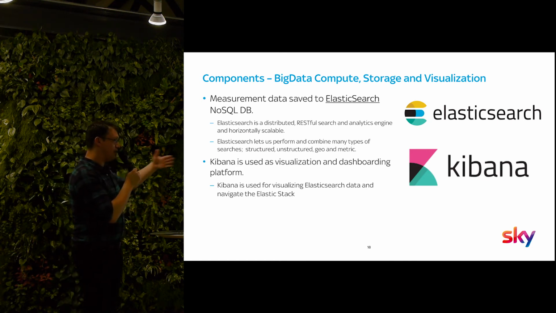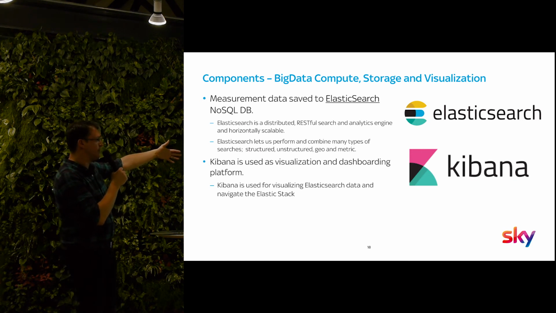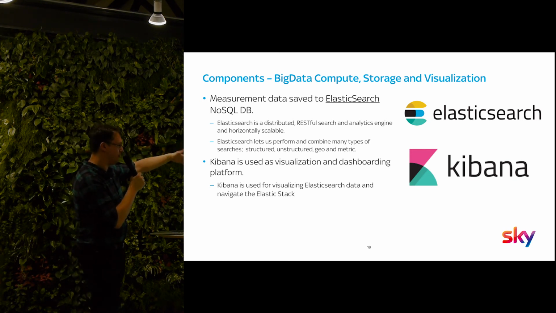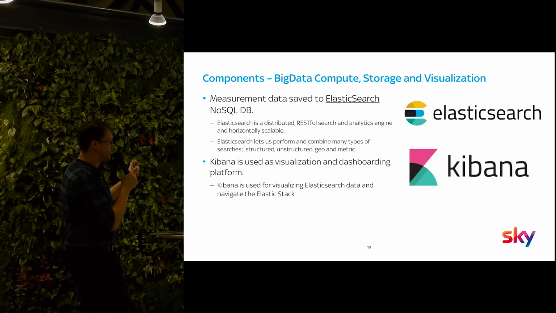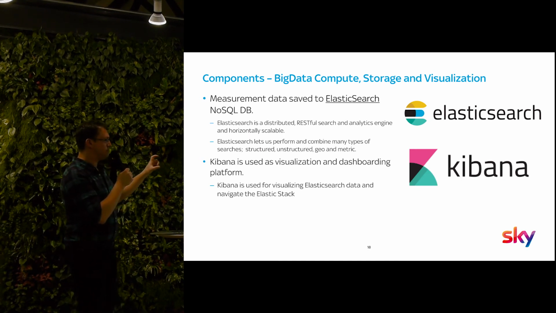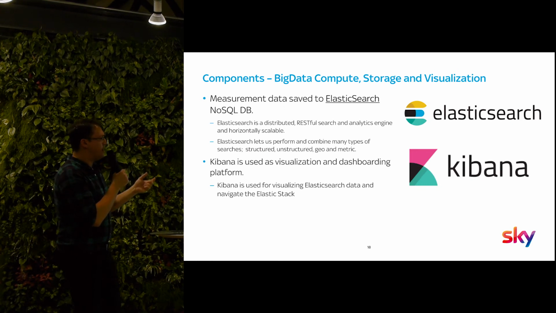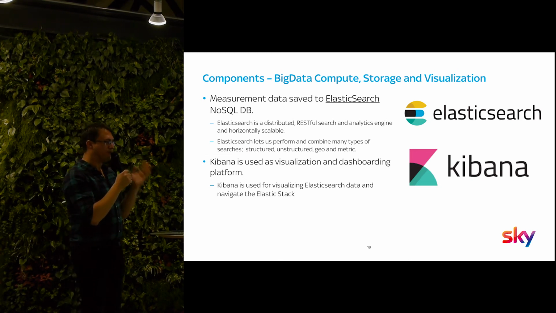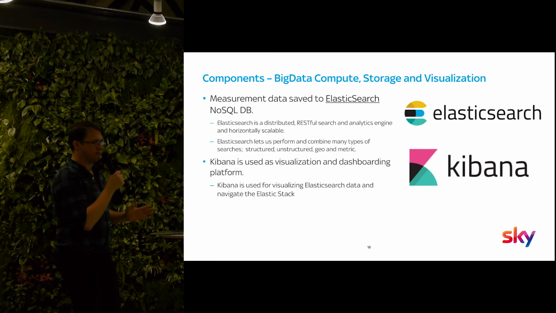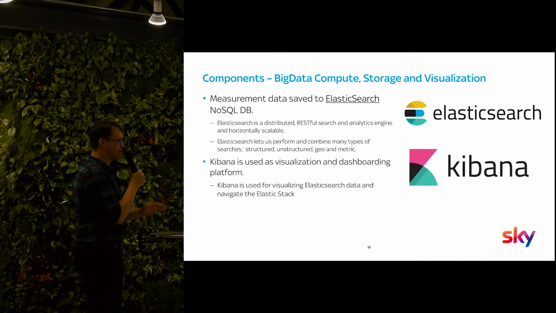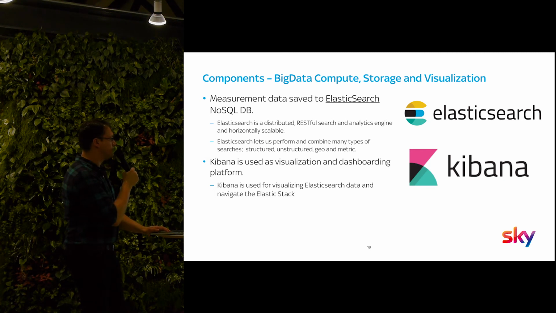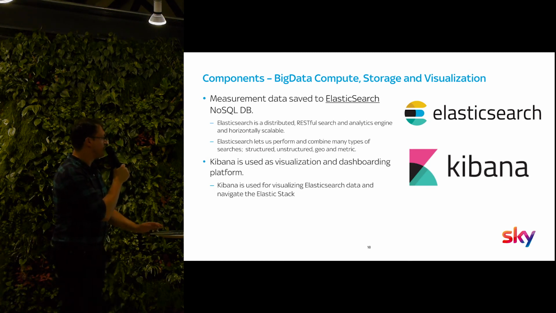It also comes with that Elastic stack, so you can also add Kibana, which is data visualization. It's a very simple visualization platform, and also very powerful. You can look at the data from different aspects and ask many different queries, and that really helps to understand what you're actually measuring.